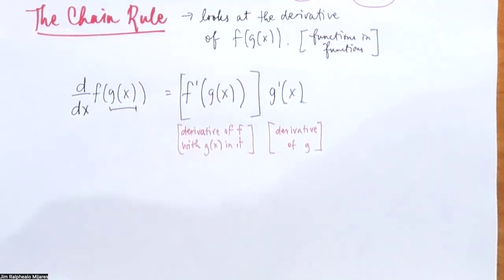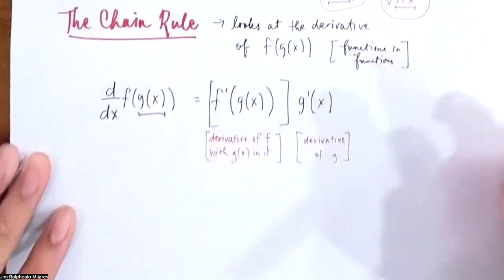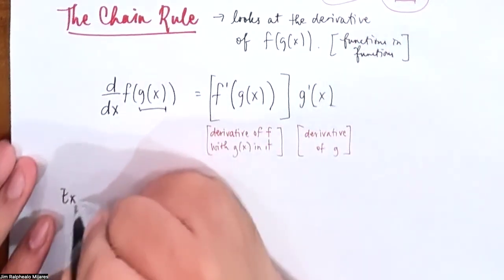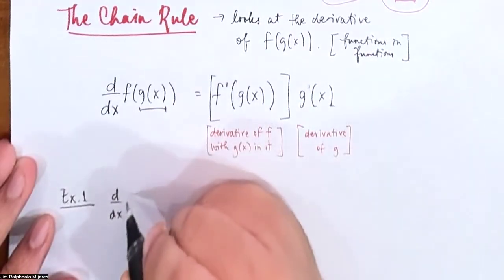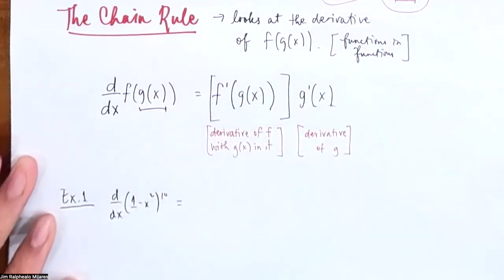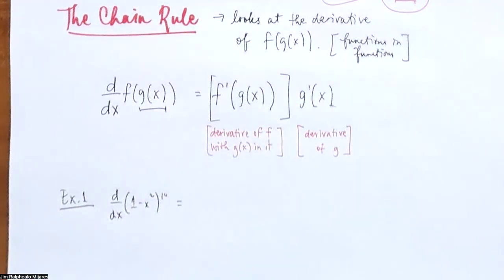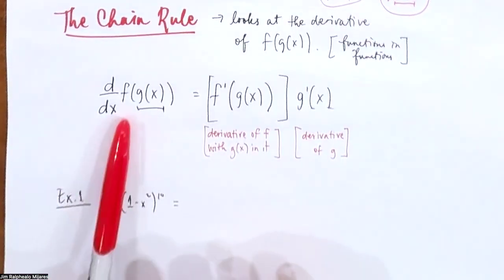Let's do an example. Let's use this as an example. Okay? Example 1. What is the derivative of 1 minus x squared to the 10? The first thing that you need to realize is what is the outside function? What is our f here?